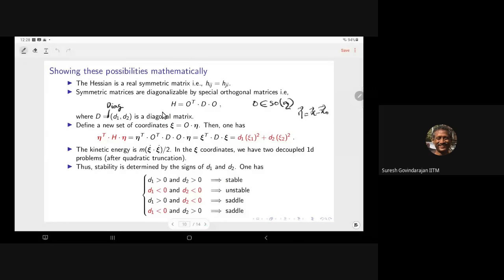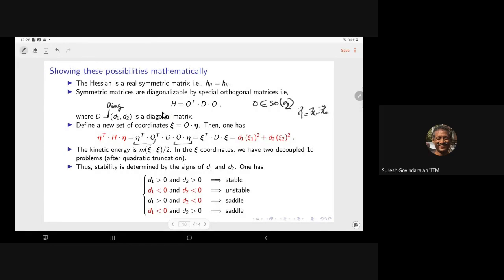Okay, so what you find is that once you substitute H, which is O transpose D O, and eta transpose is just converting eta, which is a column vector, into a row vector, you will see that this combination here becomes xi, and this combination here becomes xi transpose.